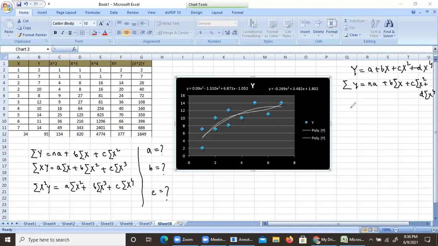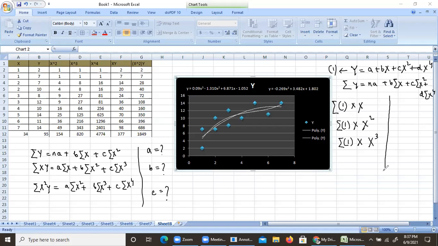And then you have to multiply this. If this is equation 1, then you have to multiply equation 1 by x, preceded by summation, multiply equation 1 by x squared, preceded by summation, multiply equation 1 by x cubed, preceded by summation. In this manner, you are going to get 4 equations.